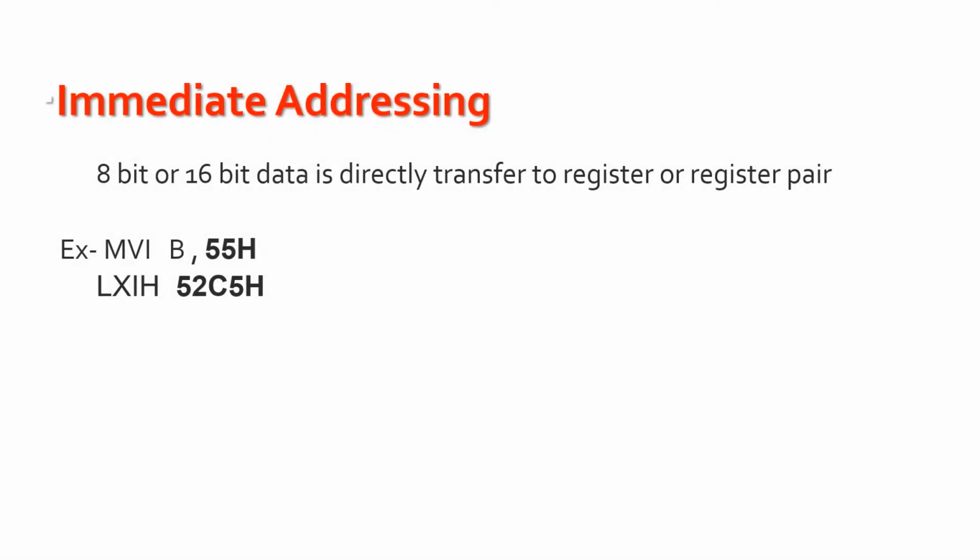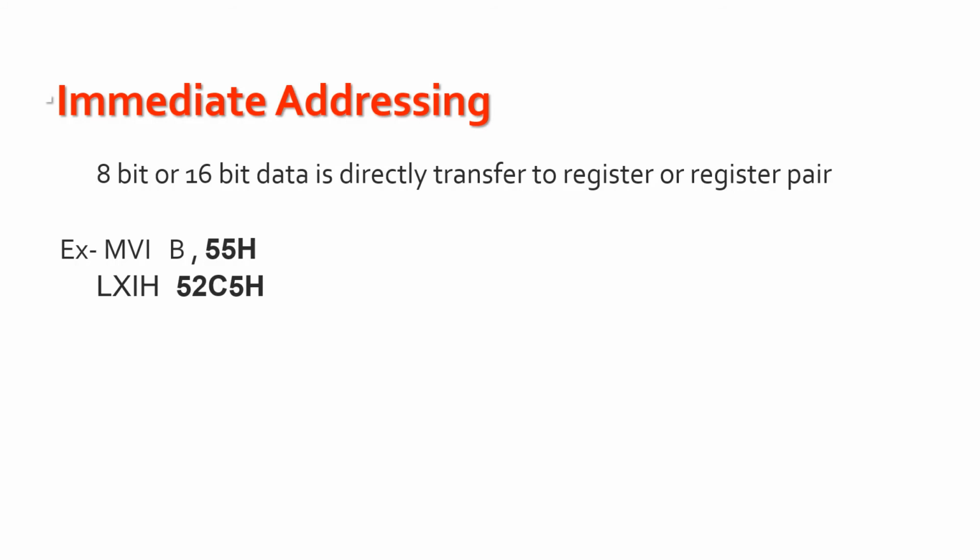Next instruction is immediate addressing. Generally, these are 1 or 2-byte instructions. Here, 8-bit or 16-bit data is directly transferred to a register or register pair. That means if 8-bit data is there, that 8-bit data will get transferred to a register. If the data is 16-bit, then it will get transferred to a register pair.